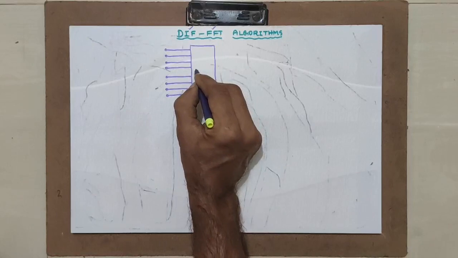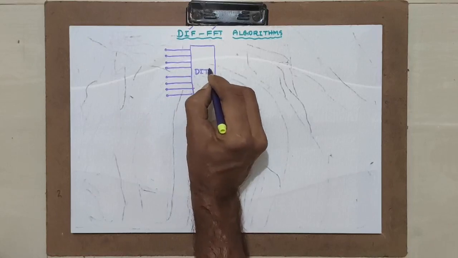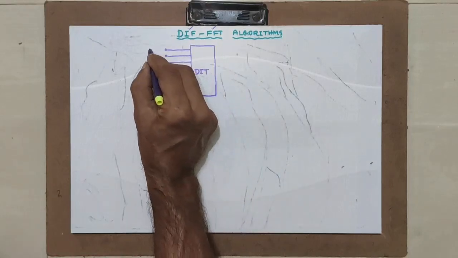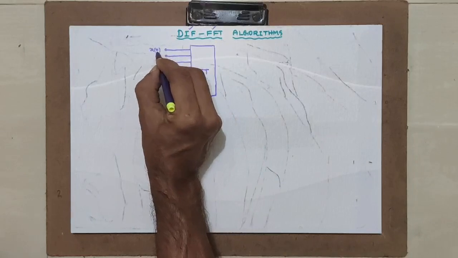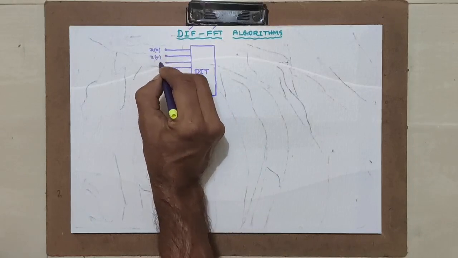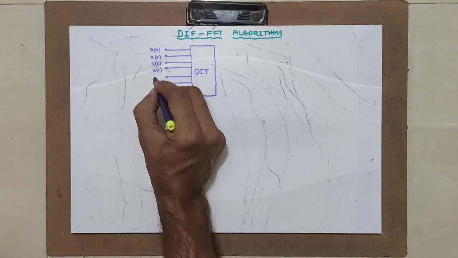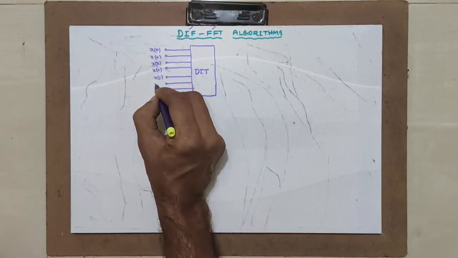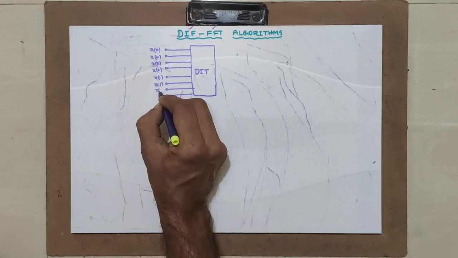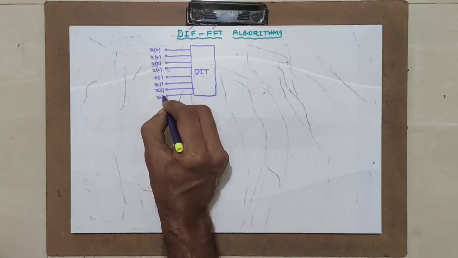This is decimation in time. Now, how will you write the inputs? X0, X4, X2 and X6, X1, X5, X3 and X7.